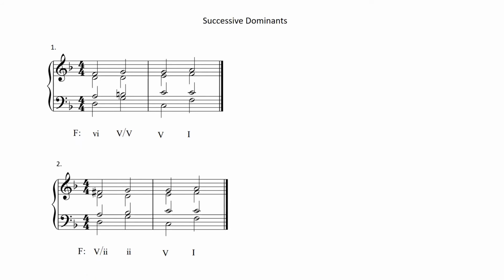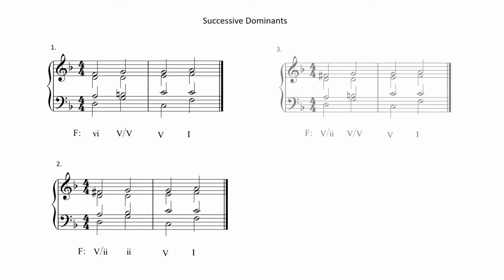The left side of the page shows the 2 secondary dominant examples discussed thus far in this video. It is important to note that dominant functioning chords can appear in succession, as seen in example number 3 on the right side of the page.